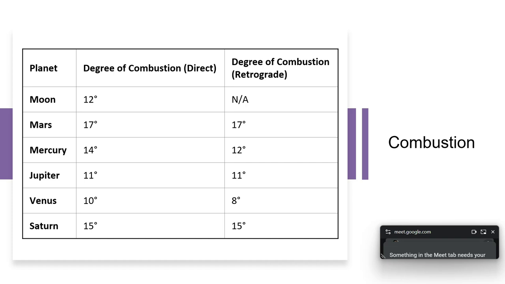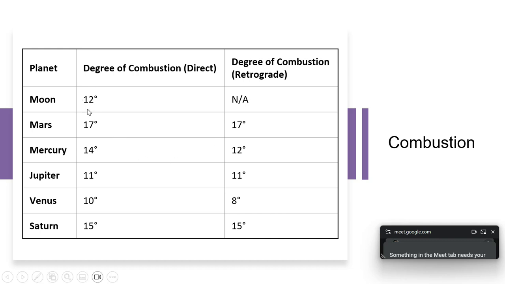When we are talking about combustion, we do not care whether it is within the same house or same Rashi. We just see the degree difference. We check the longitude and see the difference in the degrees of the planets. If it is within this range, then it is considered as combust. If it is out of this range, then it is not combust.